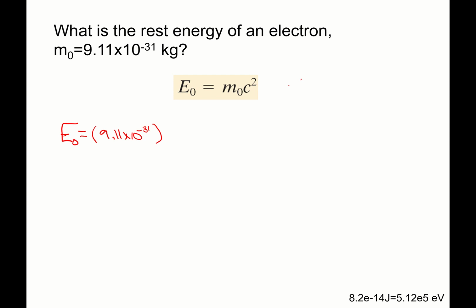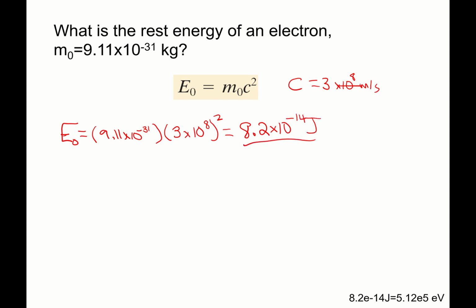And c, remember, c is 3 times 10 to the 8 meters per second. Okay, so we're going to multiply by 3 times 10 to the 8 squared. So that'll give us a big number. But because the mass is so small, we get 8.2 times 10 to the minus 14 joules, which is quite a small amount of energy.